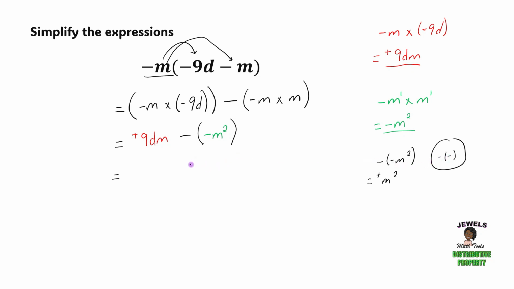So my m squared, when I write this back into my expression, I'm now going to change those two signs into a single sign of a plus and make this an m squared. And also I still have to return my 9dm back to my solution. Okay, so there you have it.